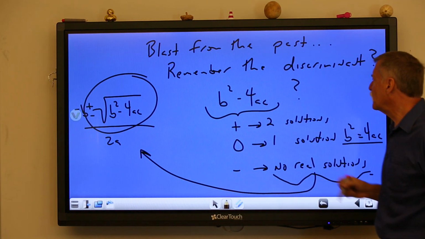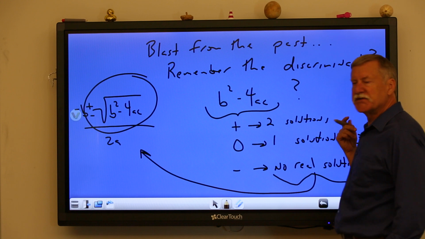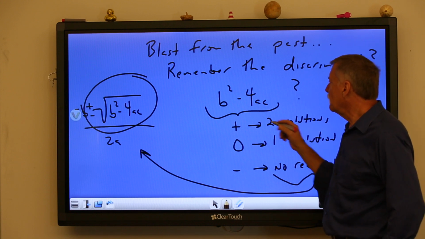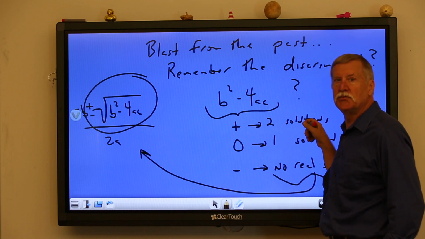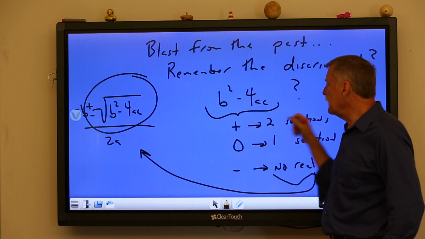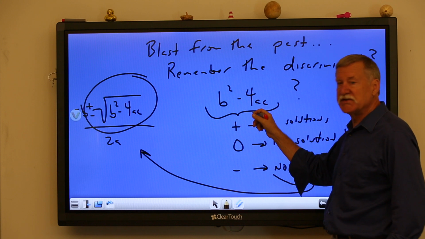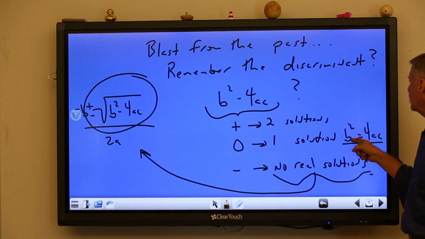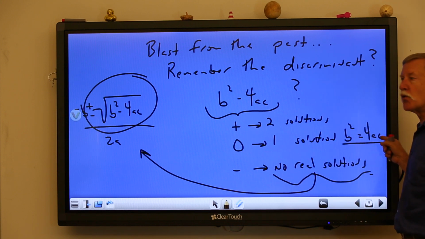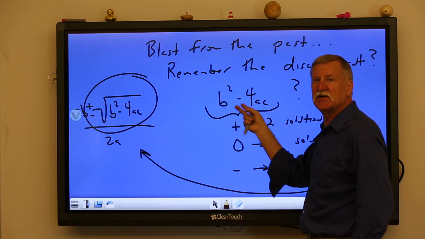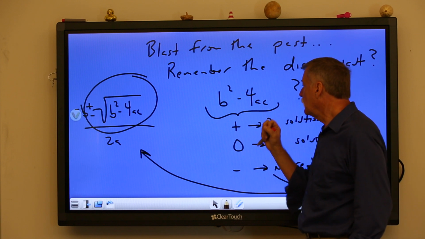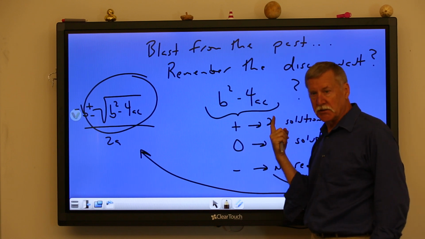b squared minus 4ac. You'll remember in our discussion of the discriminant that if this results in a positive value, there will be two solutions. If it results equal to 0, in other words, b squared is exactly the same amount as 4ac, because if b squared was the same as 4ac and you subtract them, you get 0, then there'll be one solution.